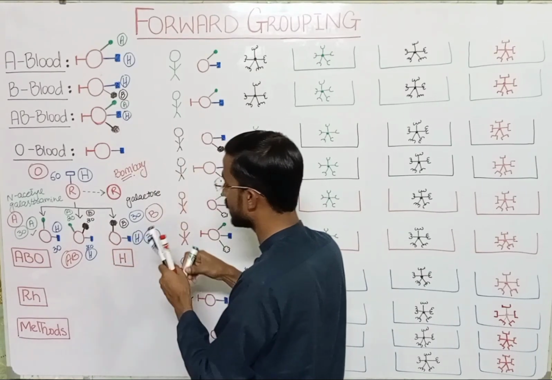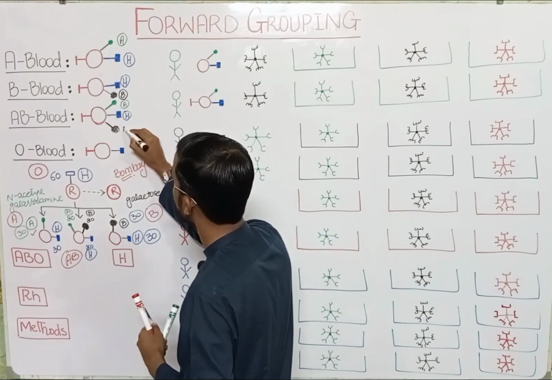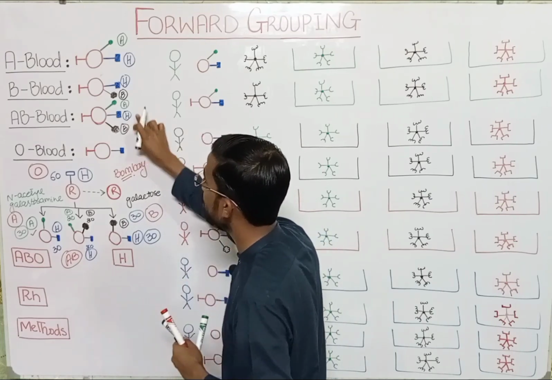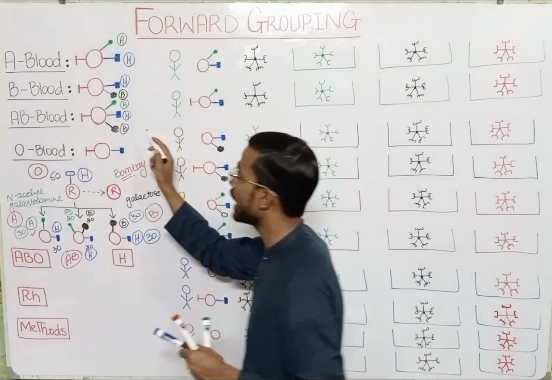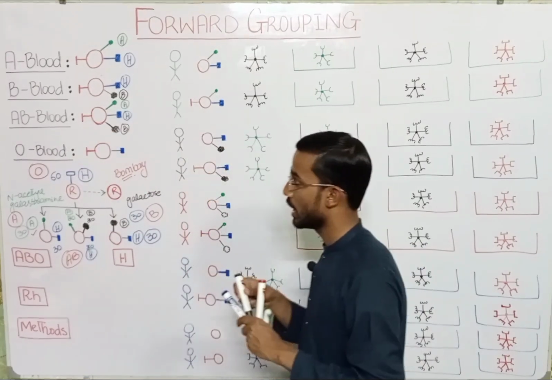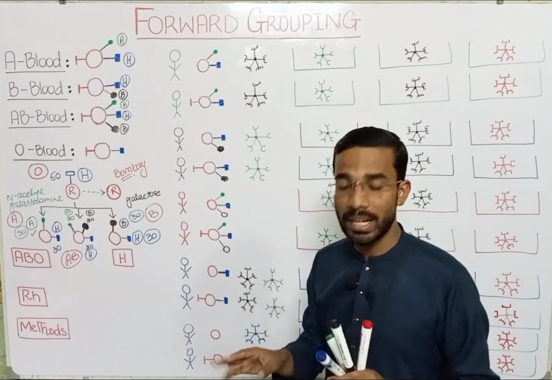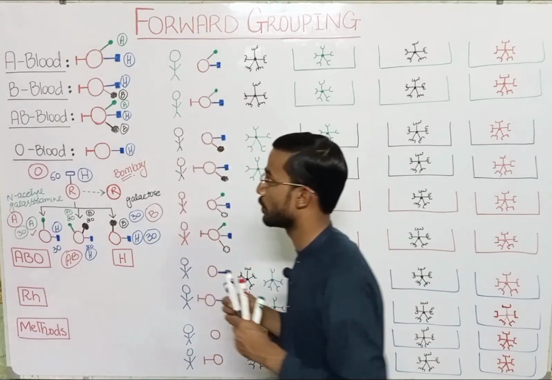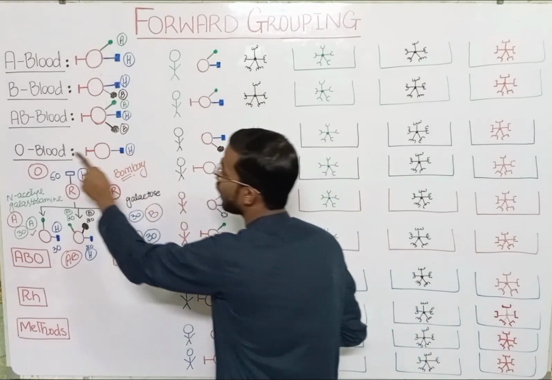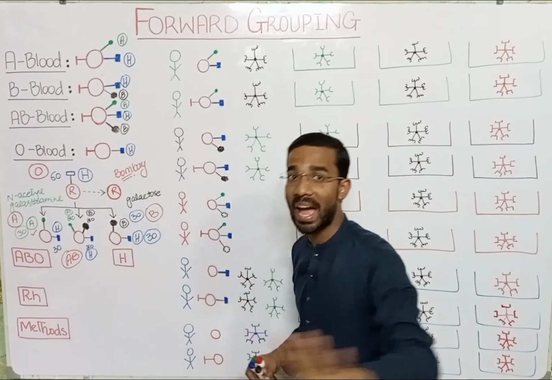If H, A and B antigens are all present, then I declare it AB blood group. And last, when there is no A or B antigen and you only see the H antigen, then I declare it O blood group.